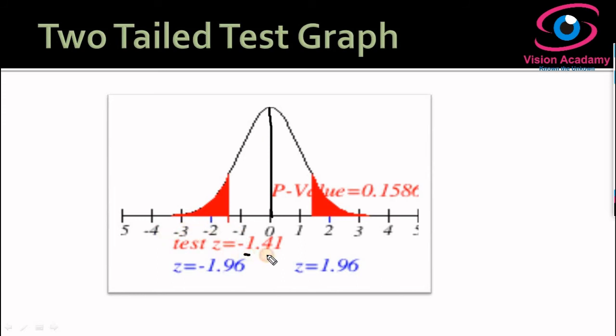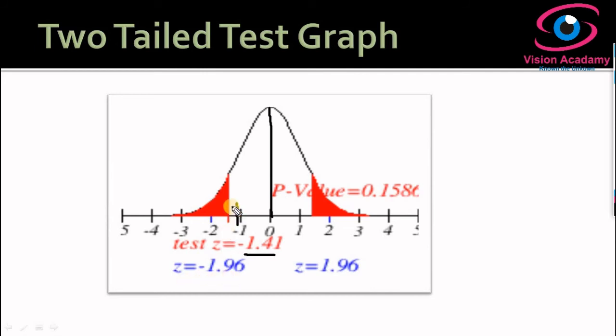Since our tested value is negative, I have put it on the left side of the graph, that is minus 1.41. The central value mu is 0, and our tested value would come somewhere here.